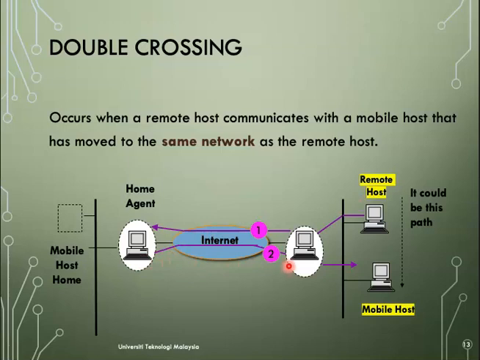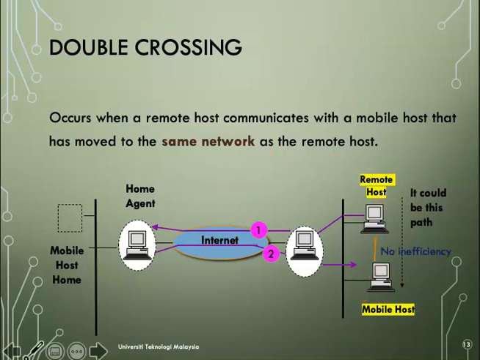Since a computer usually communicates with other local computers, the inefficiency from double crossing is significant. However, if the mobile host here wants to send a packet to the remote host, there is no problem and no inefficiency, because it can do so as it normally does. The double crossing problem only happens when the remote host wants to communicate with the mobile host.